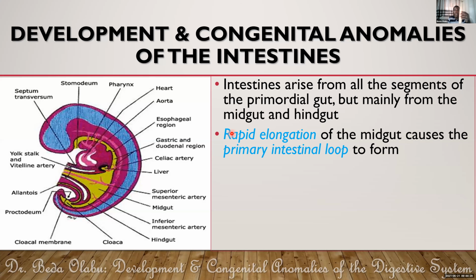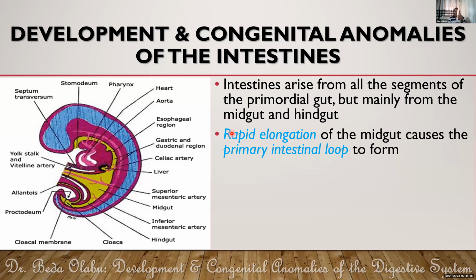Now, if something increases in length, yet this end is fixed, let's assume that is the stomach, and this end is fixed. Let's assume that's the anus. And this segment is increasing in length so fast, it will mean that this thing is going to coil.